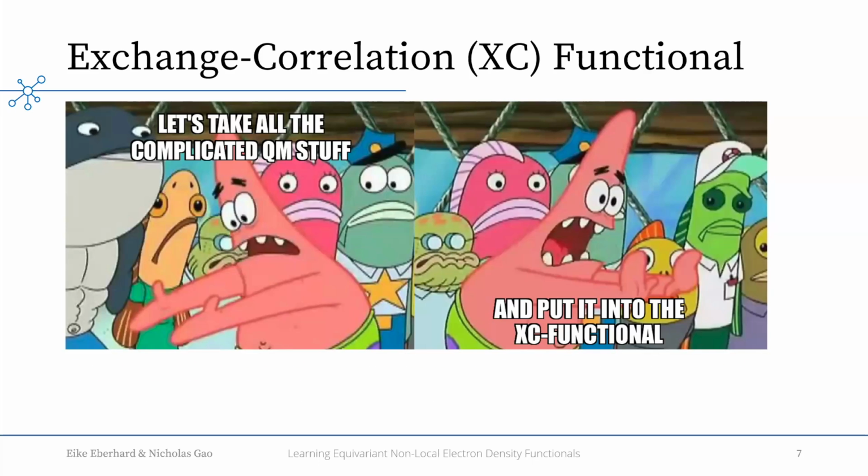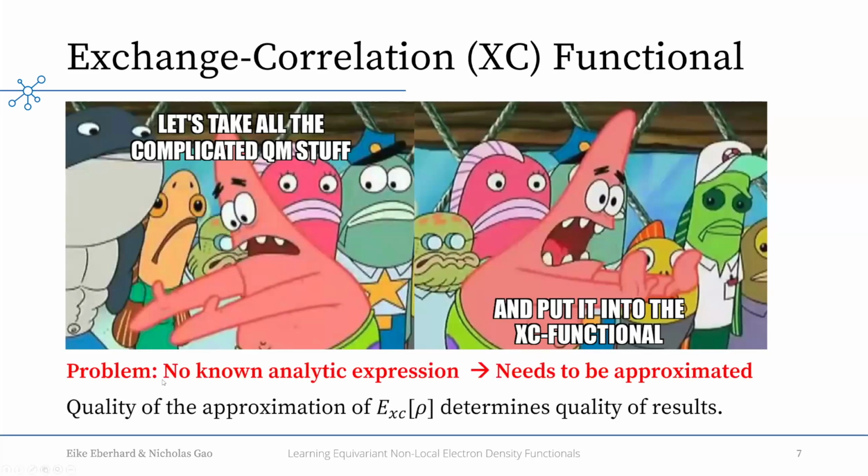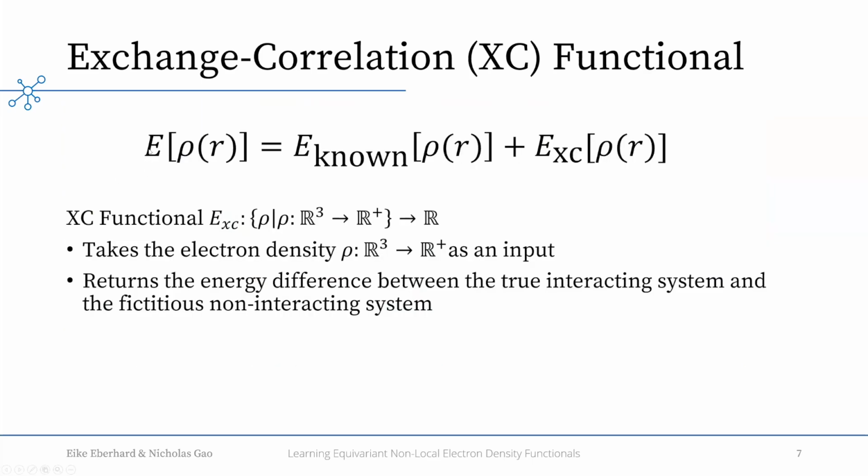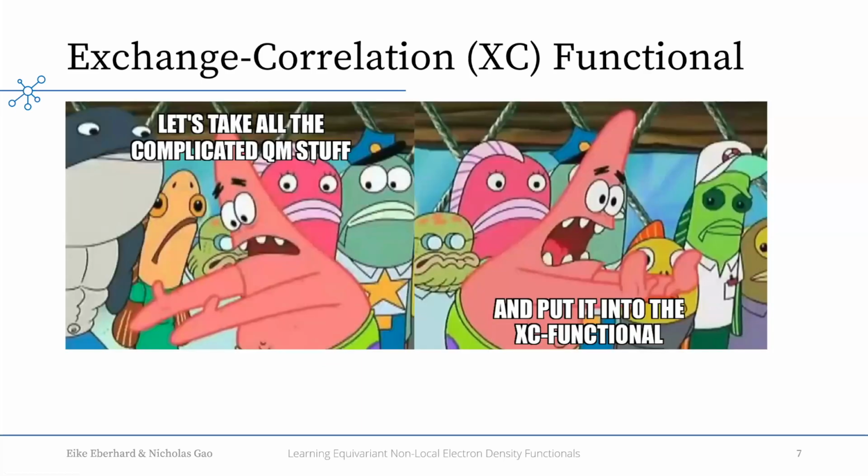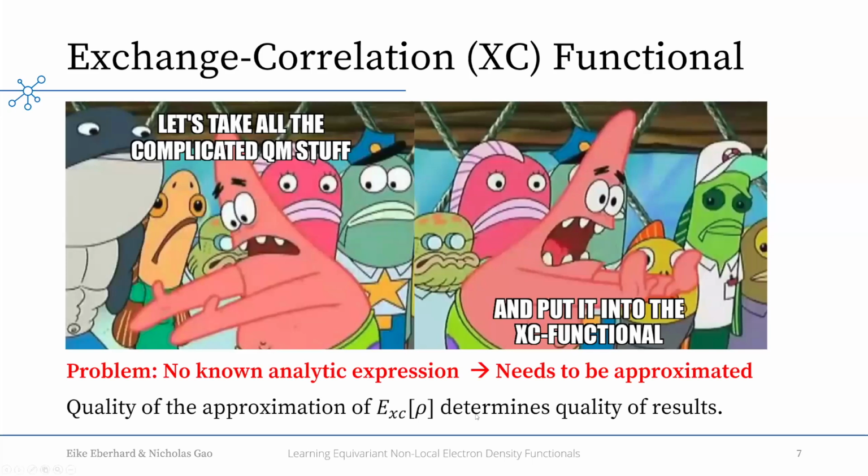Now we have a new problem, as you might have guessed. We don't have a known analytical expression for the exchange correlation functional. The only thing we did was write the known part of it, take it out, and still have this unknown that basically captures all the complexity of quantum mechanics. So it's really defined as just everything else. This meme puts it quite exactly: you just put everything you don't know into this term.